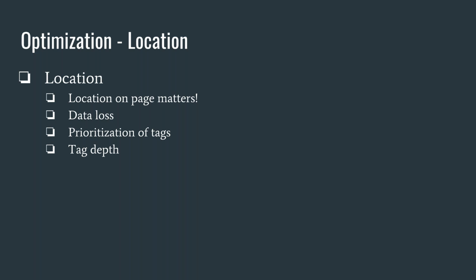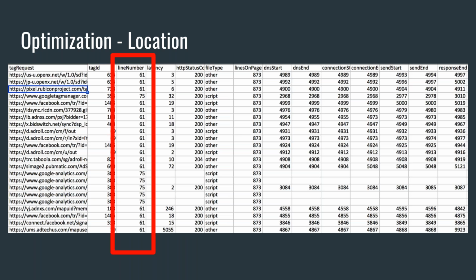So look at tag depth, look at latency, look at the number of requests, and look at where they are in relation to each other. We can see that again in the Tag Inspector reports here, just for line number and then total lines on a page, so we can get that depth figure.